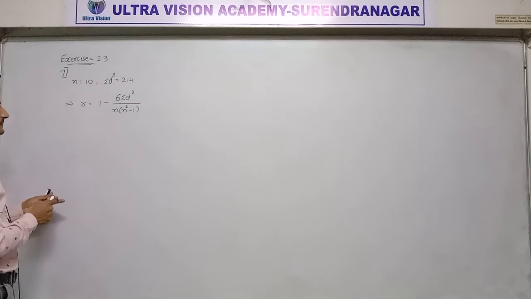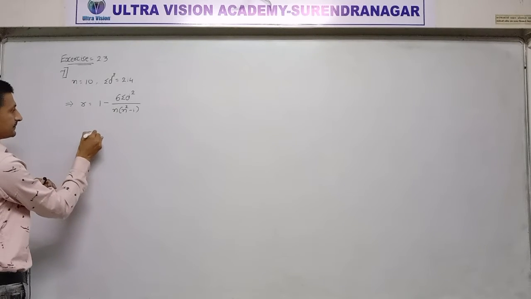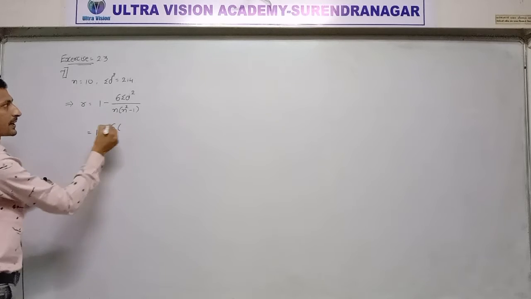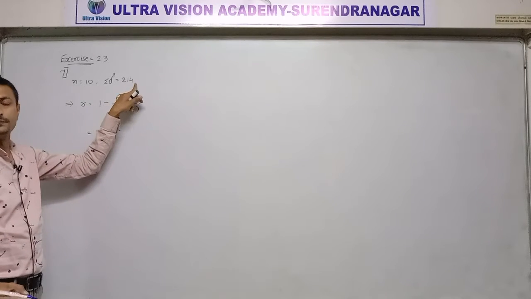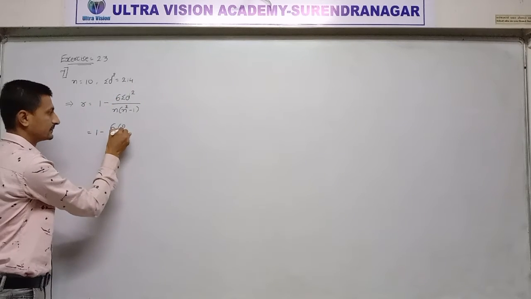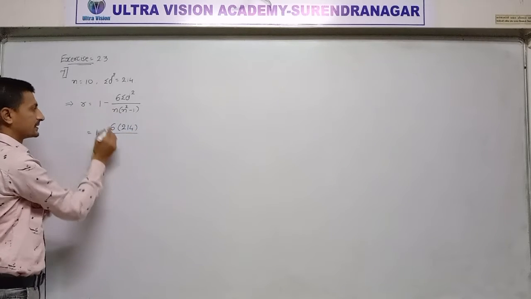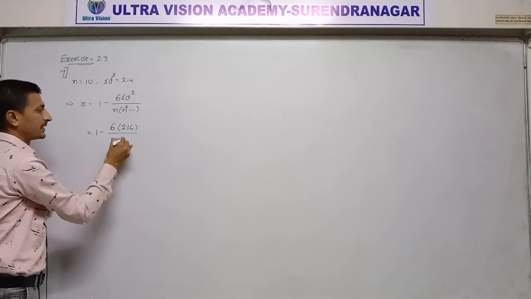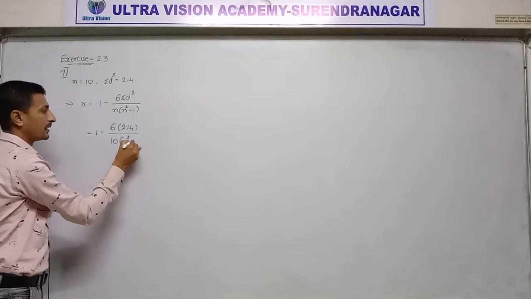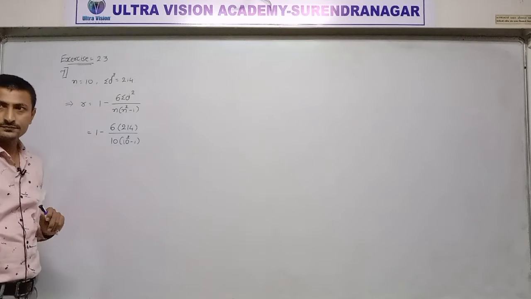Okay. Next step, 1 minus 6 in bracket sigma d square 240, divided by n is 10 in bracket n square minus 1.